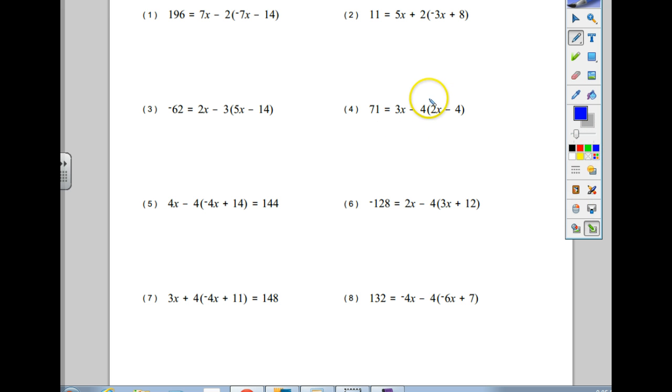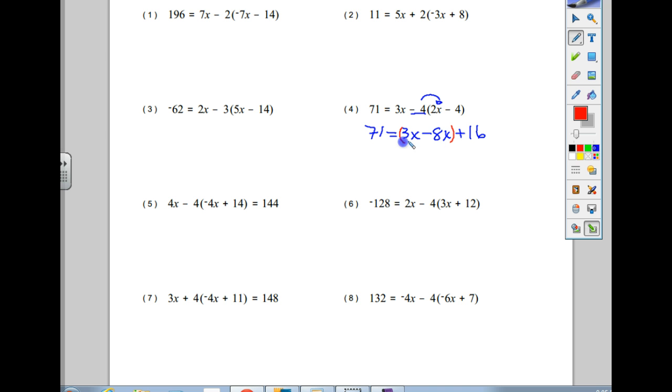The first thing we want to do again is distribute this negative 4. So negative 4 times 2x will be negative 8x. I'm not going to use the line, I'm going to use my equal sign. So that'll be negative 8x. Negative 4 times negative 4 will be a positive 16.